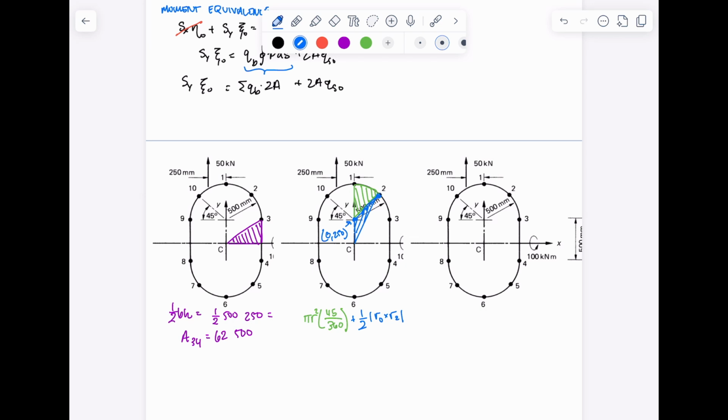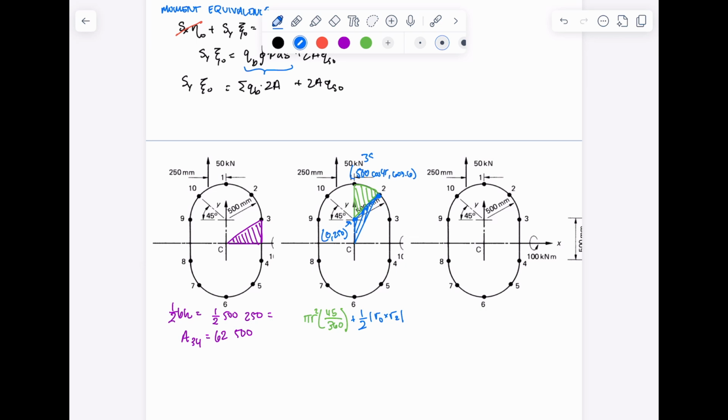Point 2 is, we know the y direction is 603.6. The x direction we need to solve, which is 500 cosine 45. So 500 cosine of 45 is the x direction, which is equal to 353.6.